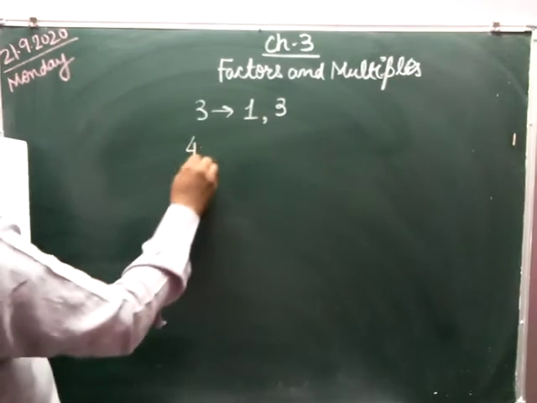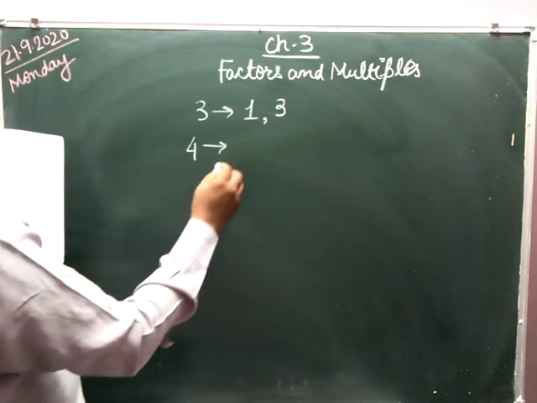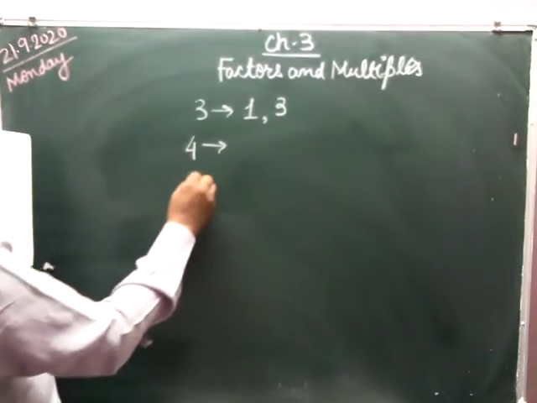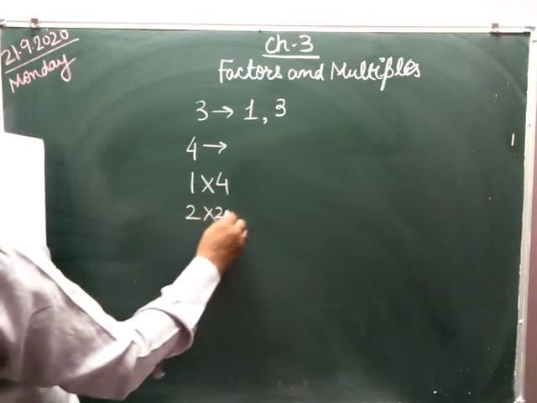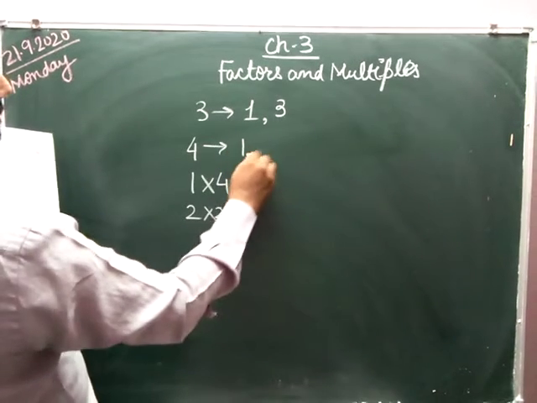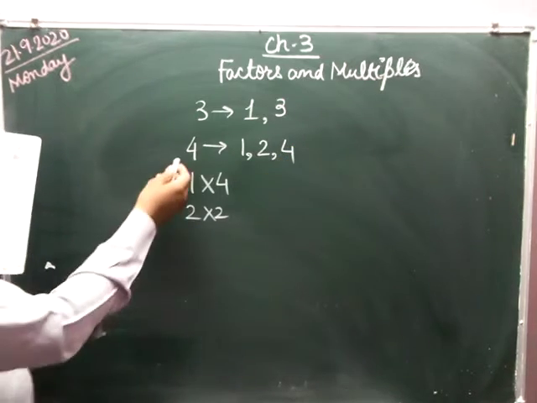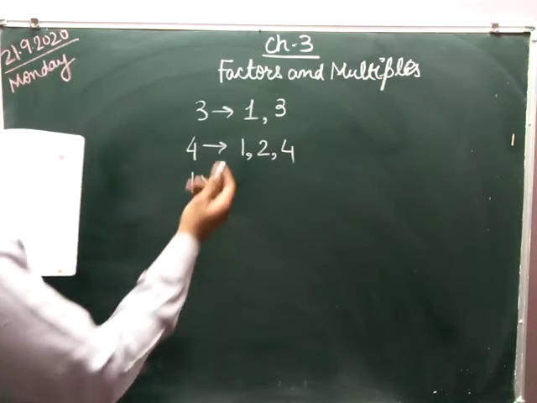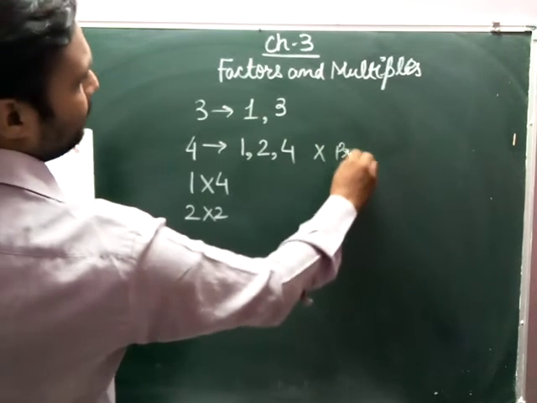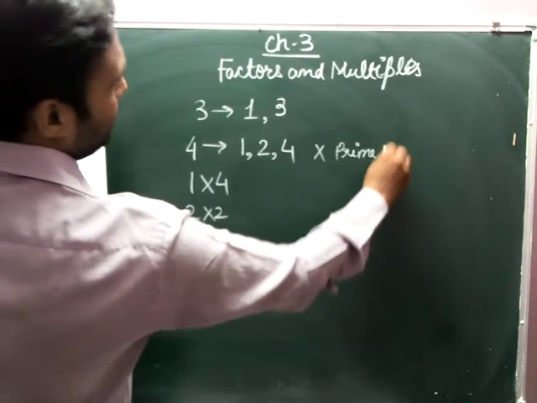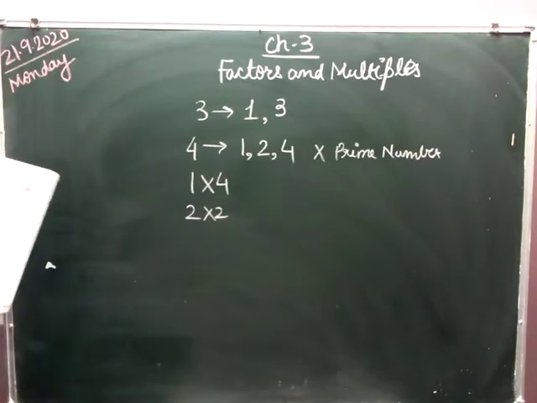If we talk about 4, 4 has more than two factors: 1 multiplied by 4, 2 multiplied by 2. So the factors are 1, 2, 4. So 4 has more than two factors, so 4 is not a prime number. A prime number is a number which has only two factors.